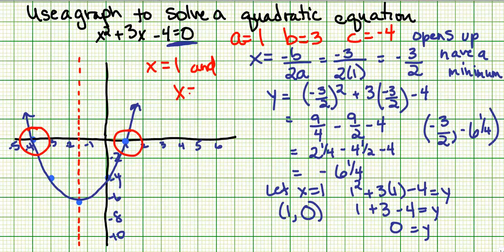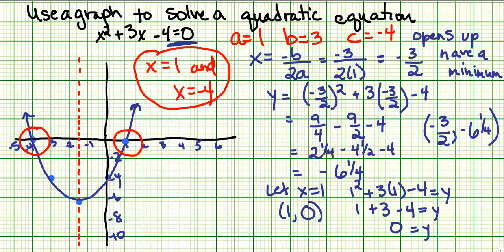When we did linear equations, there was one place that the graph crossed the x-axis, where the value of the equation equals 0. In this case, because the graph is U-shaped, it's going to cross the x-axis 2 times, 1 time, or 0 times.